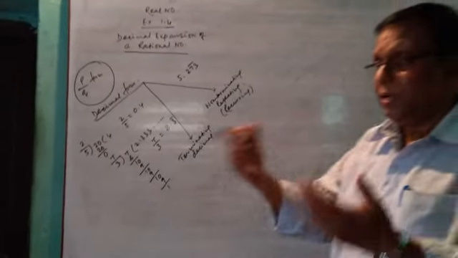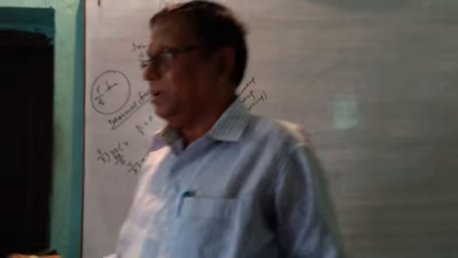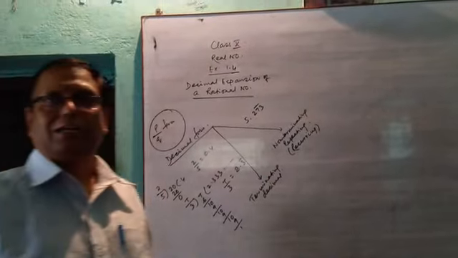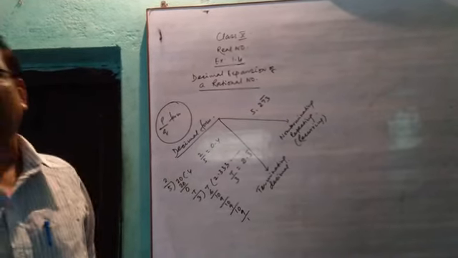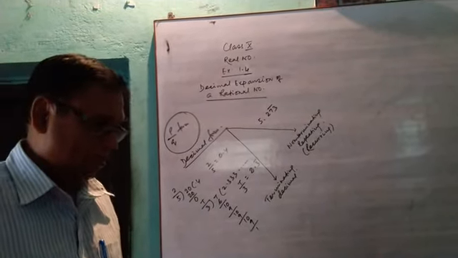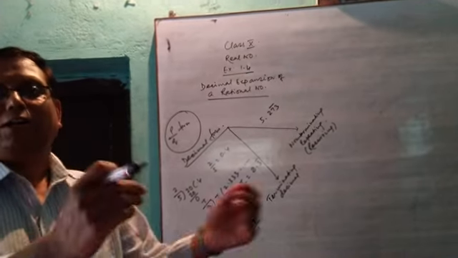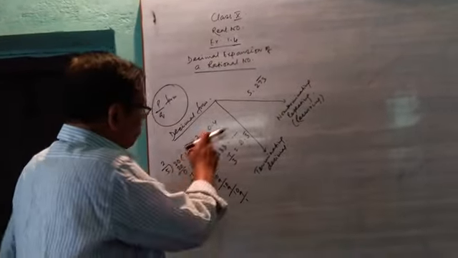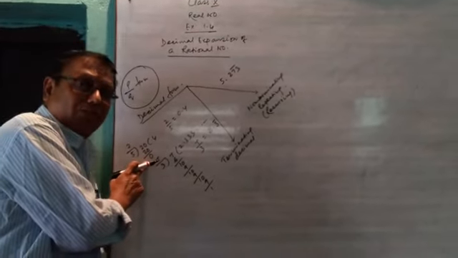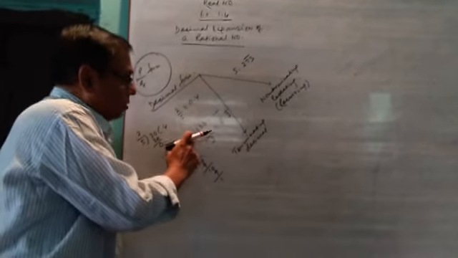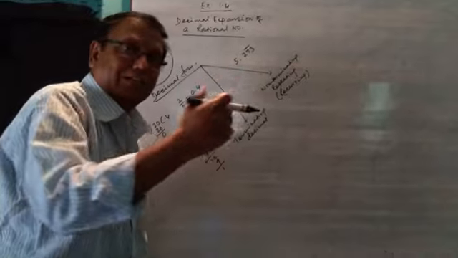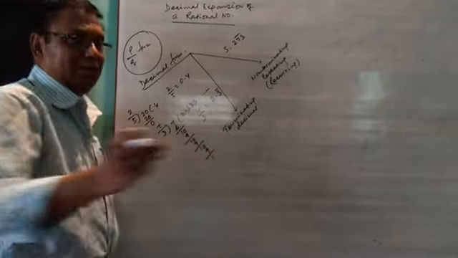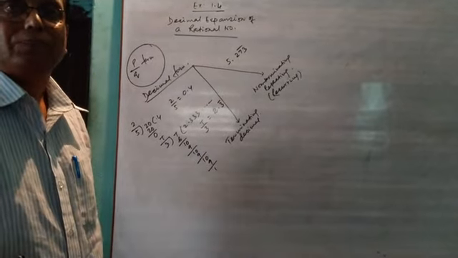Now suppose a number is given to you and you have to check whether it has a terminating decimal or non-terminating decimal. What will you do? Simply we will divide p by q and see whether it goes completely, whether the remainder becomes 0, or the digits after the decimal recur and the remainder never comes as 0.